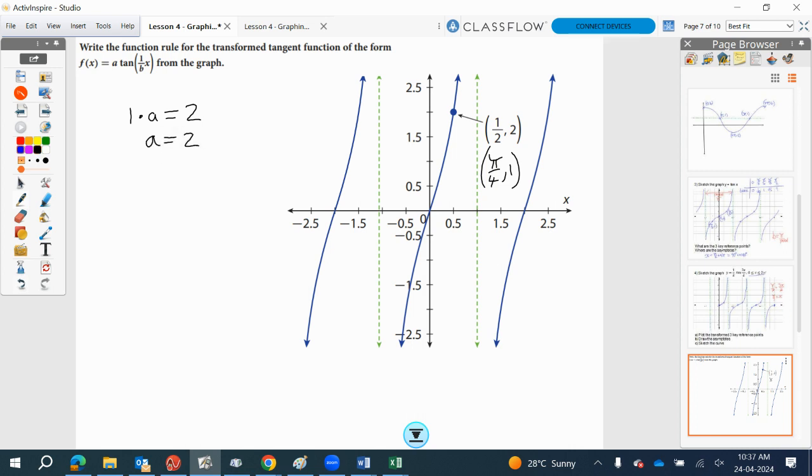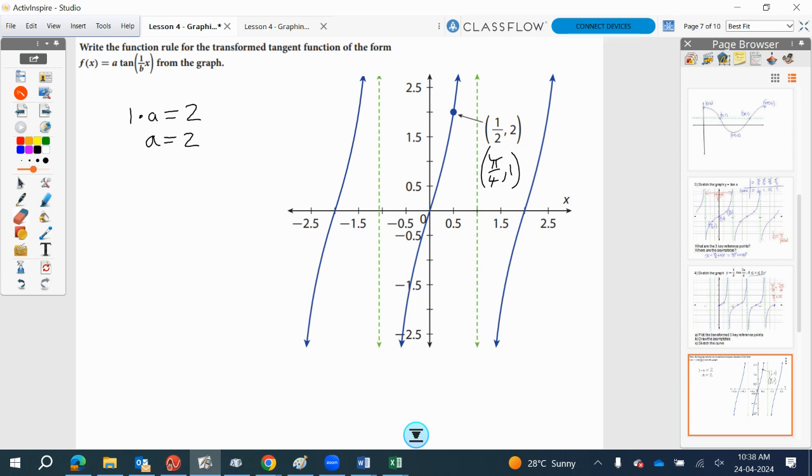Next up is the other one. 1 over B times X has to equal pi over 4. Sorry. Wouldn't it be pi over 4 times X? Yeah. Sorry, I lost it here. What have I done? All right, yeah.